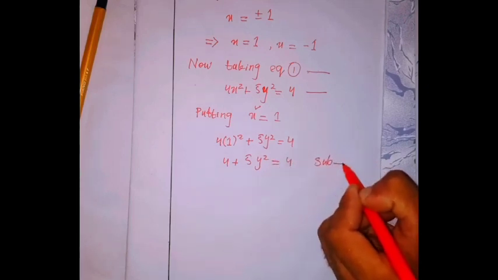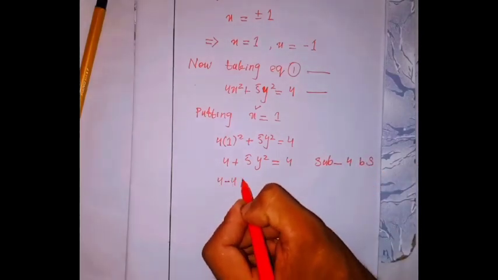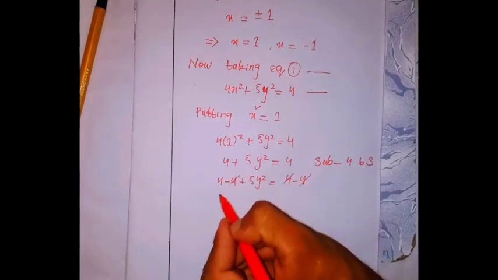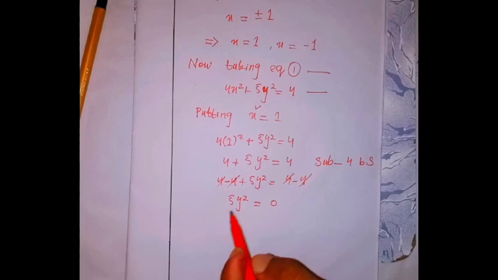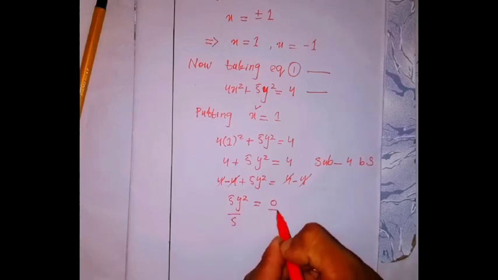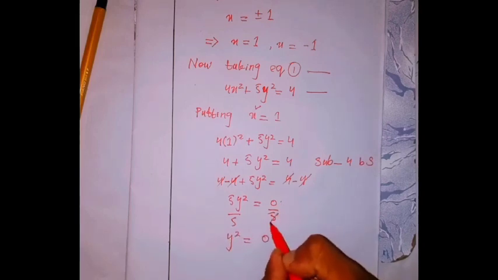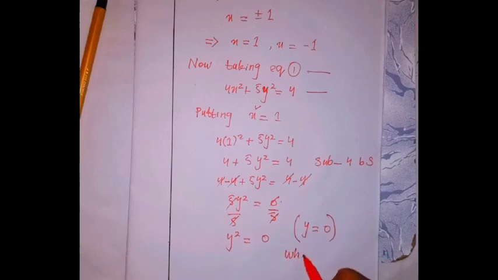Now if we subtract 4 from both sides, we get 4 minus 4 plus 5y square is equal to 4 minus 4. So 4 minus 4 cancel on both sides, so we get 5y square is equal to 0. Now divide both sides by 5, so we get y square is equal to 0. If we take the square root of both sides, we get y is equal to 0. So hence when x is equal to 1, we get y is equal to 0.